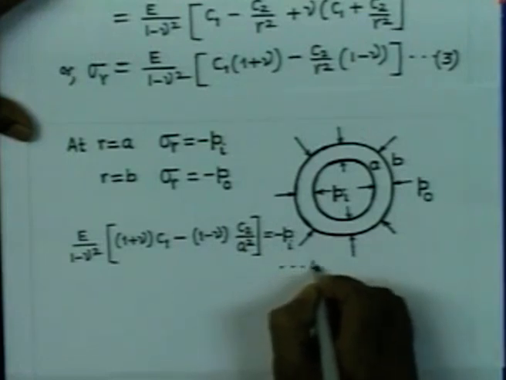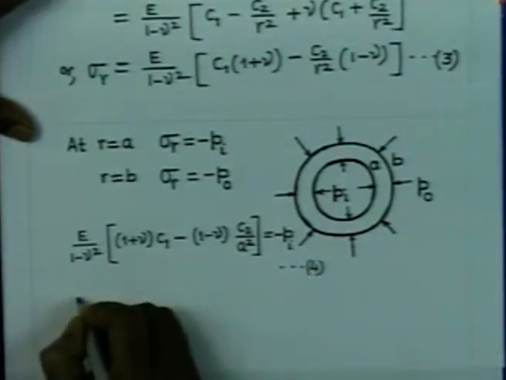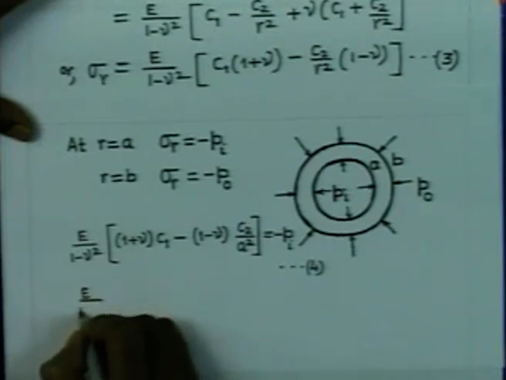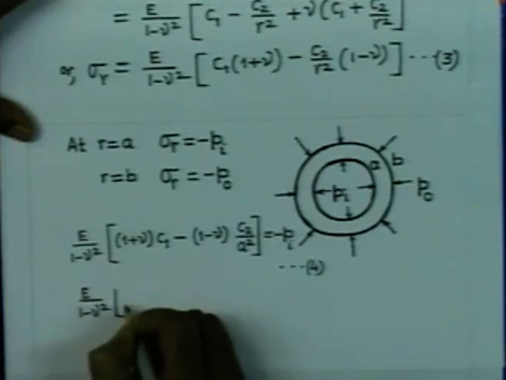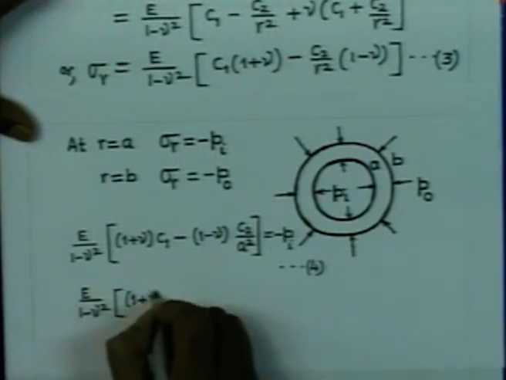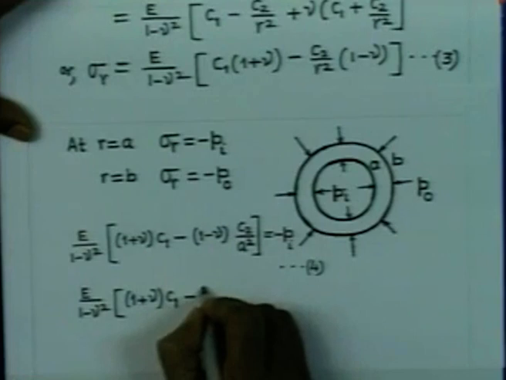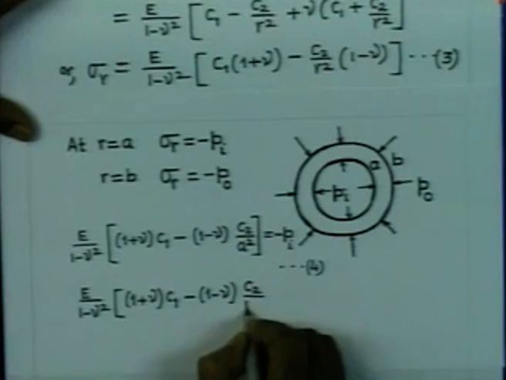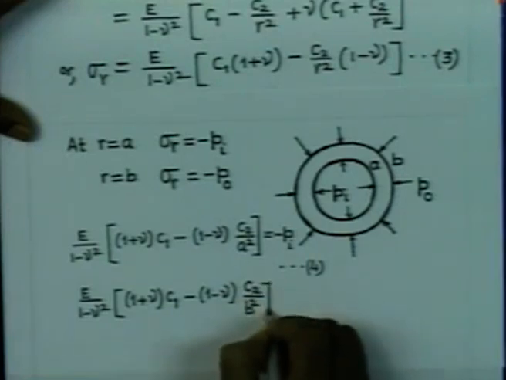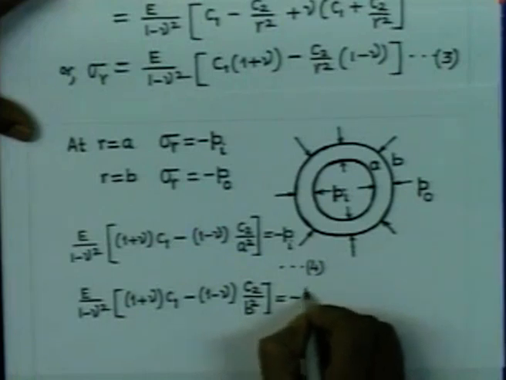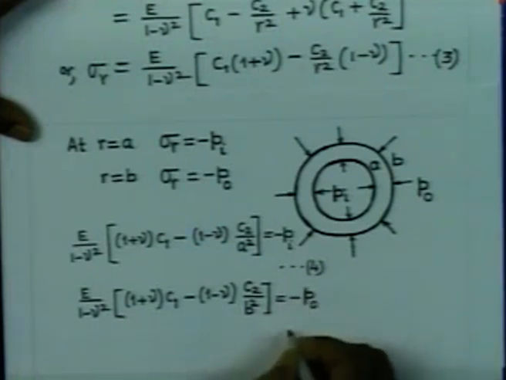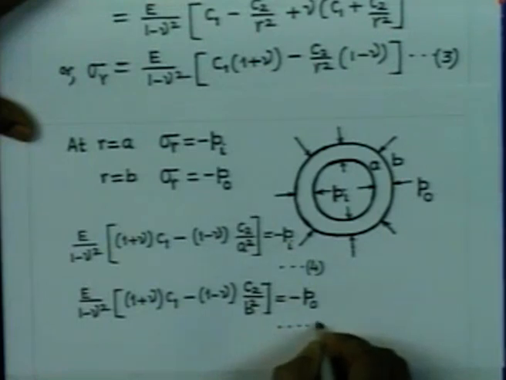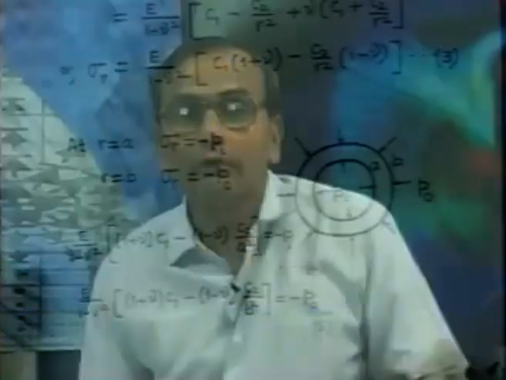Let us say that is equation number 4. Similarly, we can write E by 1 minus nu square, 1 plus nu C1 minus 1 minus nu C2 by B square is equal to minus Po, that is our equation number 5. From these two equations we have two unknowns C1 and C2 and we can determine them.